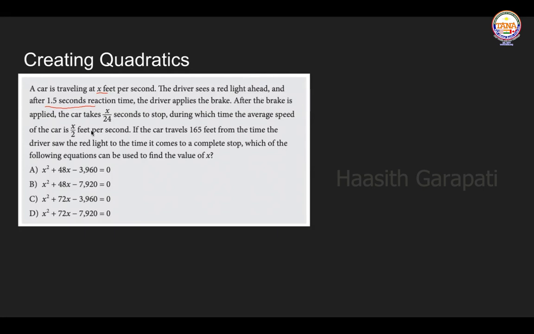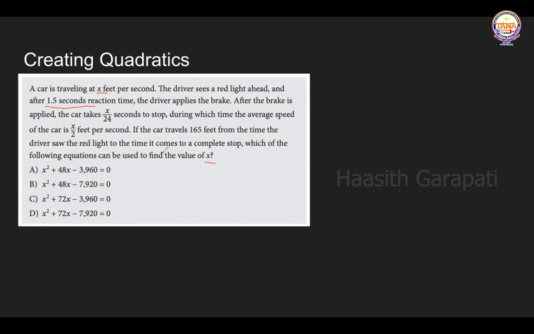After the brake is applied, the car takes x over 24 seconds to stop, during which the average speed of the car is x over 2 feet per second. If the car travels 165 feet from the time the driver saw the red light, which of the following equations can be used to find the value of x? Okay, what is x again? x is equal to the speed.